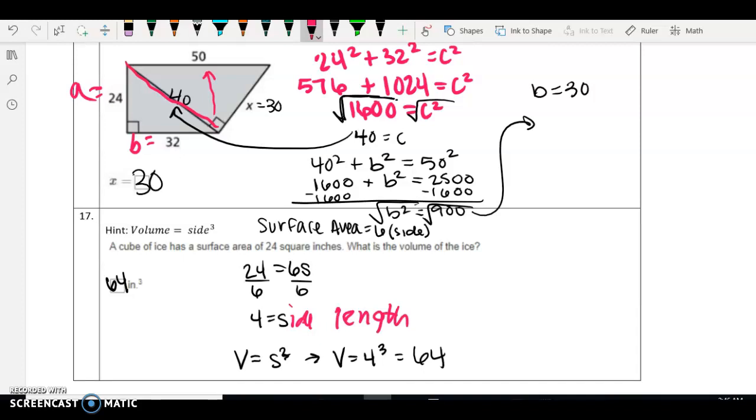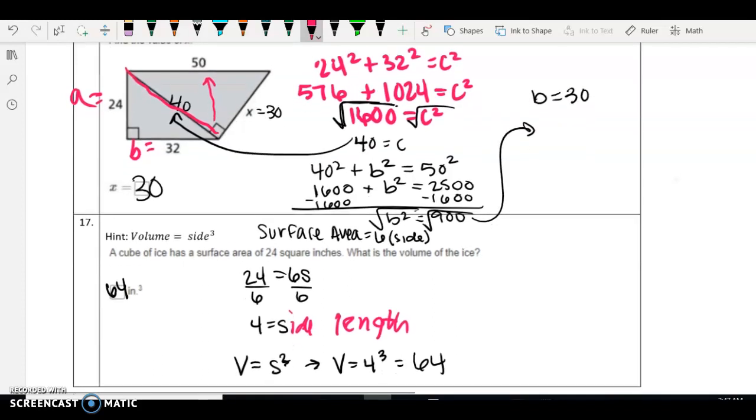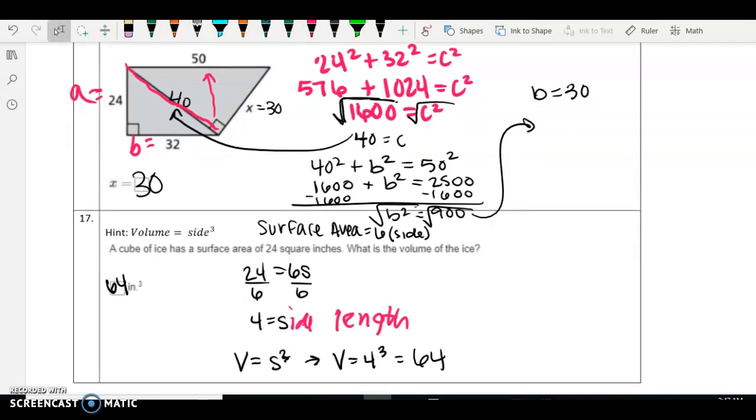And so now I'm going to plug that into my volume equation, which is the side length cubed. And so we have 4 cubed equals 64. And that was also on your quiz. And so if you need to go back, feel free. You can pause the video at any time, obviously.